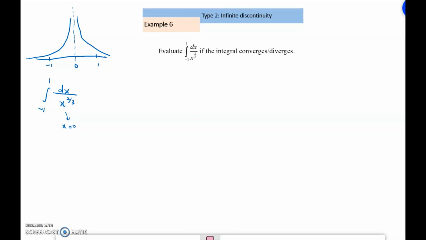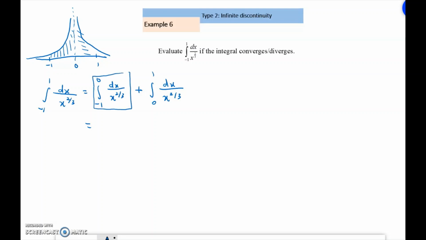So from there, we can separate this: for the first integral, from -1 up to 0 of dx over x to the power of 2/3, plus the second one, from 0 up to 1 of dx over x to the power of 2/3. Then we can solve this separately.